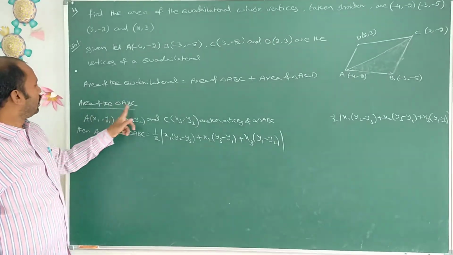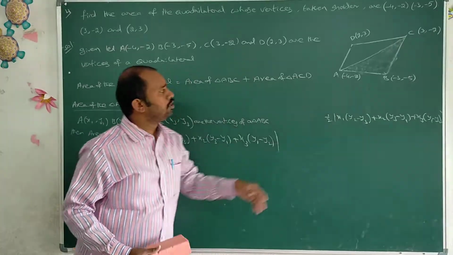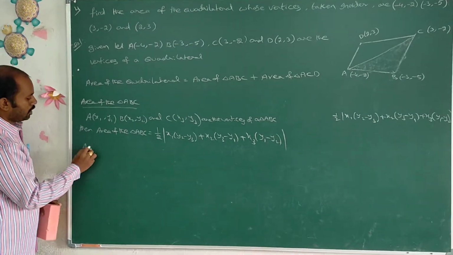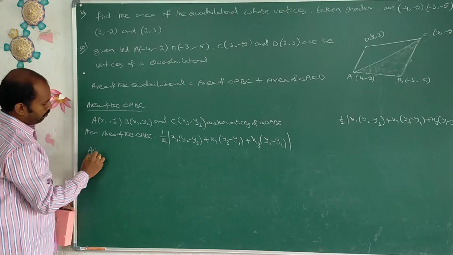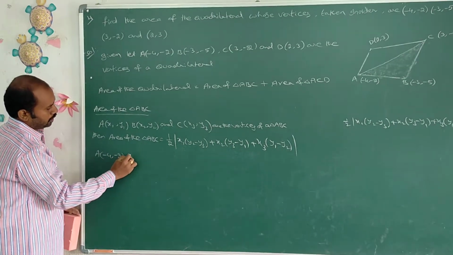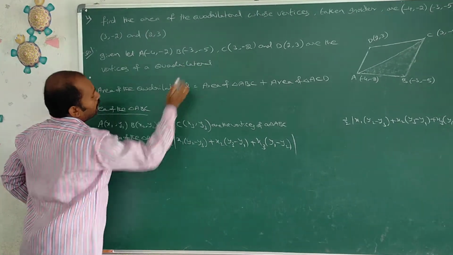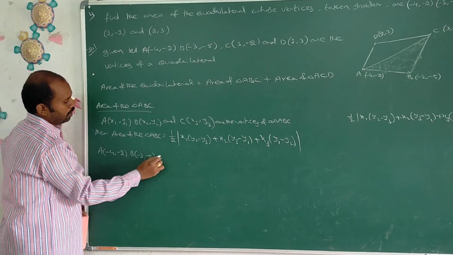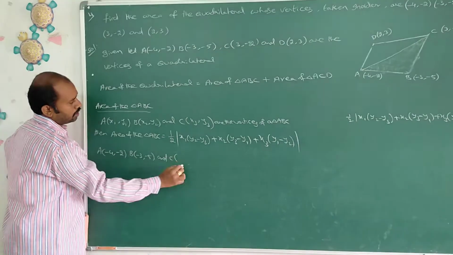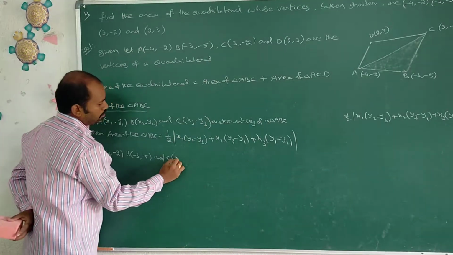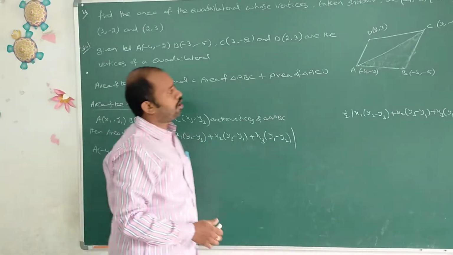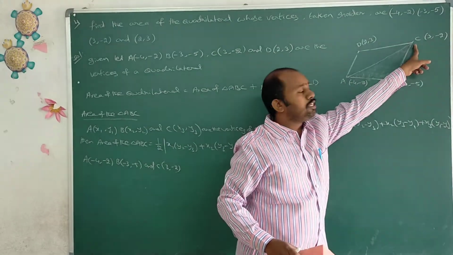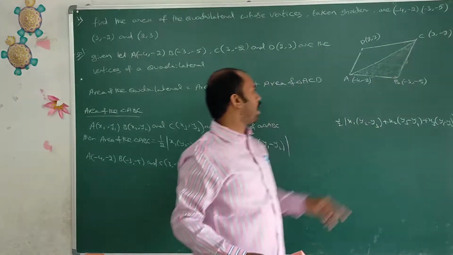Now take the area of triangle ABC with the vertices. First A, how much is given? A is (-4, -2). Next B is (-3, -5). And C, the third vertex, is (3, -2). These three vertices form triangle ABC. So first you find this triangle's area.